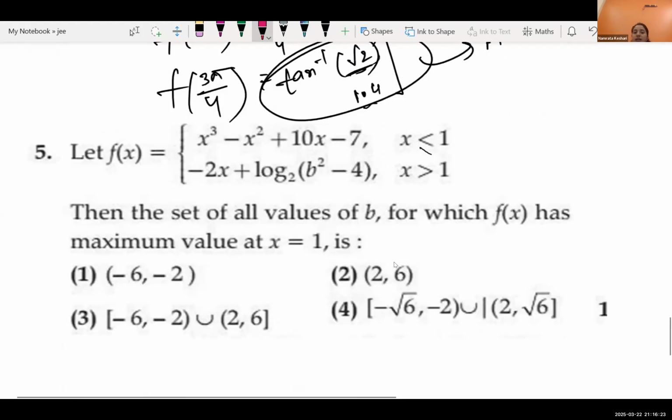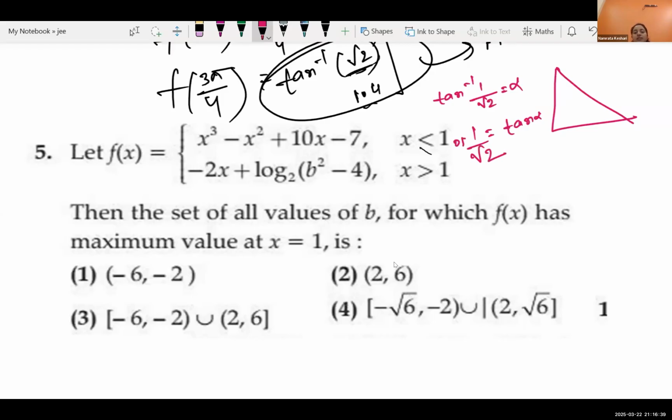We will be taking a triangle over here. If we have tan inverse 1 by root 2, these things you must have learned in inverse trigonometric functions. Tan alpha is 1 by root 2. That means opposite we can say 1, and adjacent root 2. So if we have a right angle triangle, right angle at B, and this angle is alpha, opposite we can represent as 1, and adjacent with root 2.